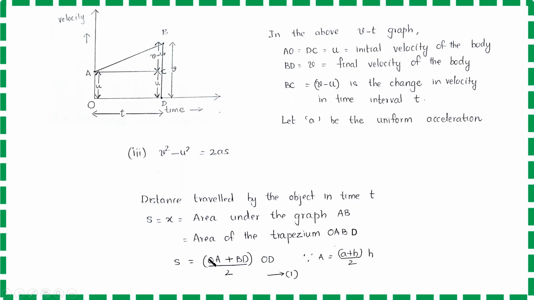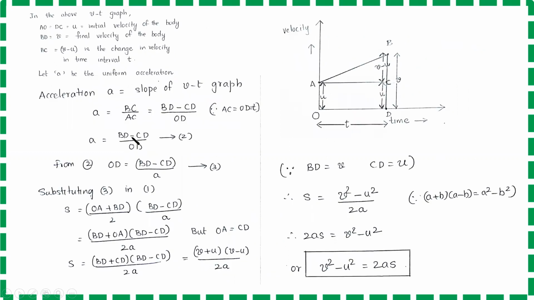Therefore, you can write (OA plus BD) divided by 2 into the height, and we take the height as OD. So S is equal to (OA plus BD) by 2 into OD. Let it be equation number 1. This is the displacement.